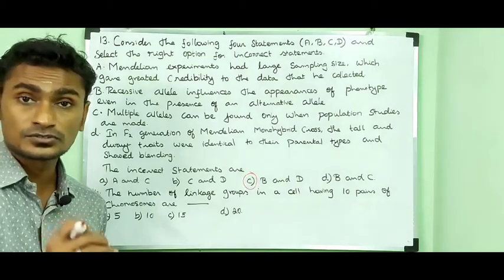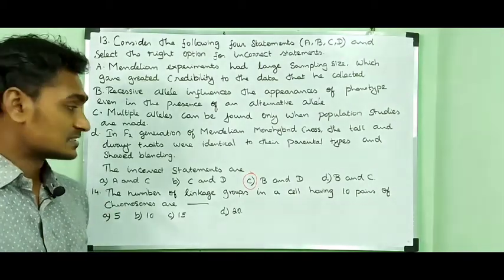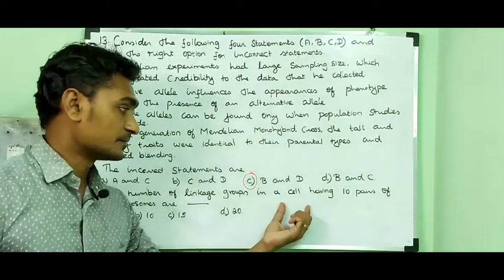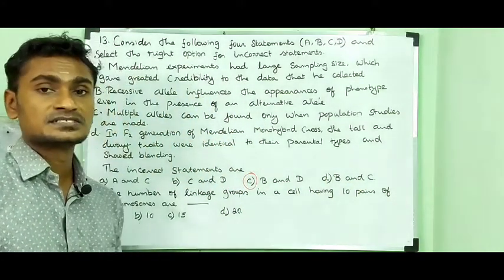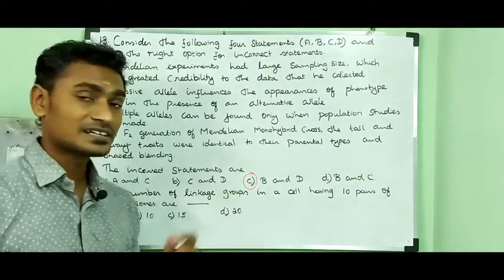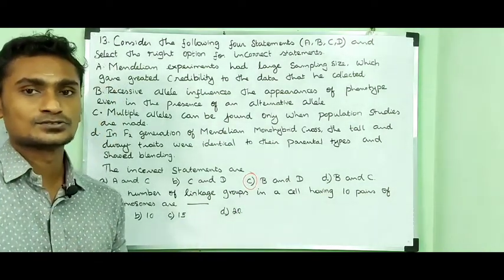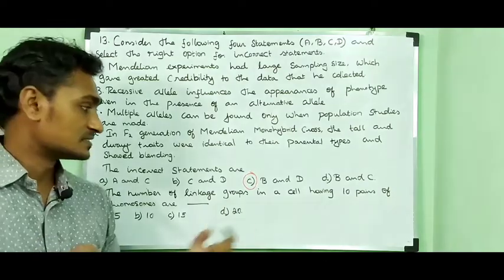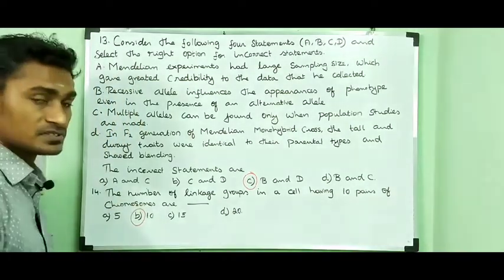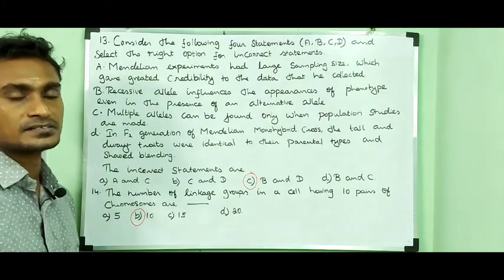Here they have mentioned 10 pairs in a cell. In a haploid condition, the cell contains 10 autosomes. So option B is the right answer.